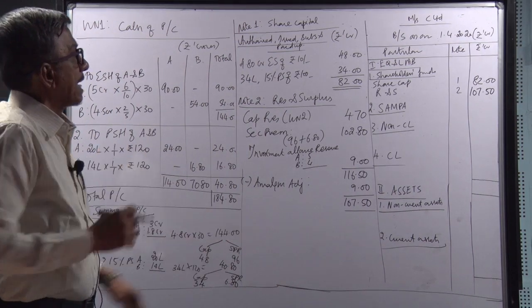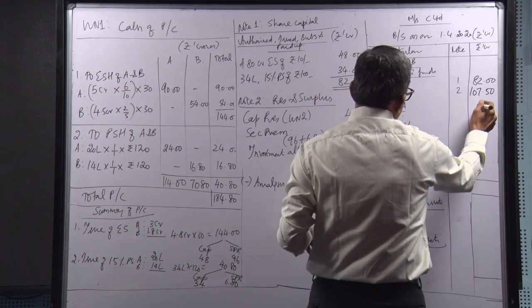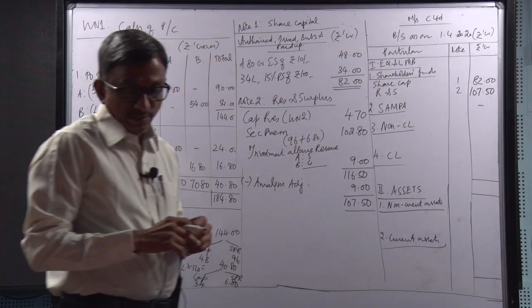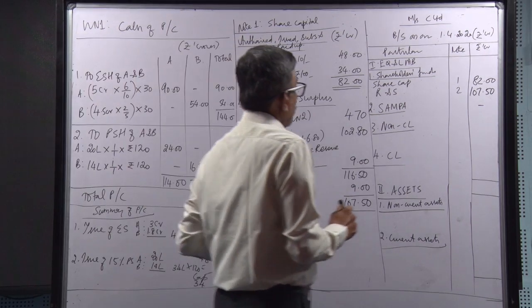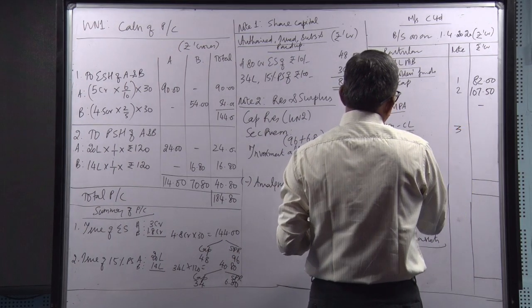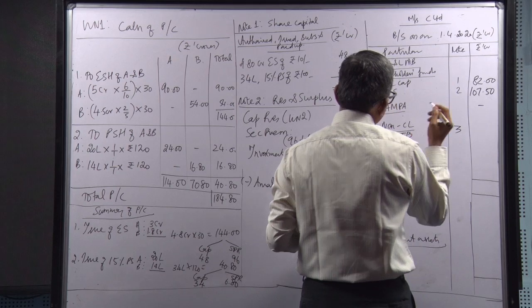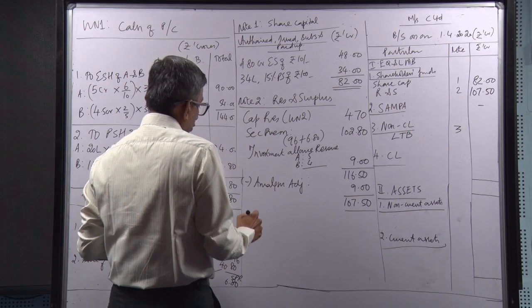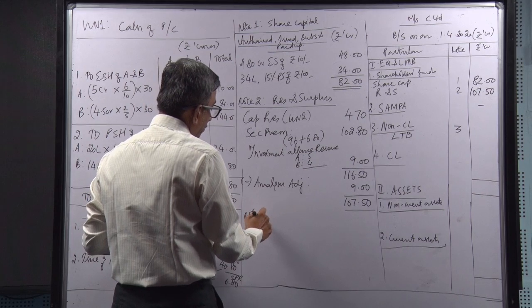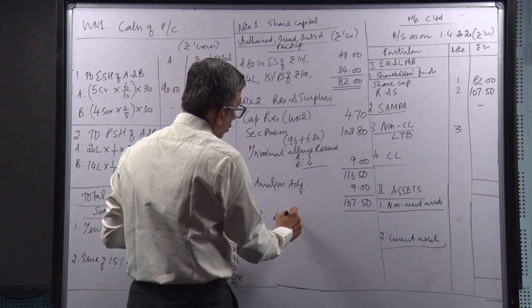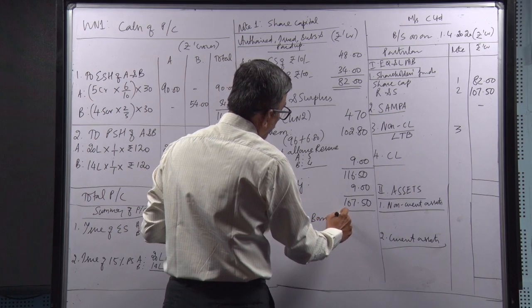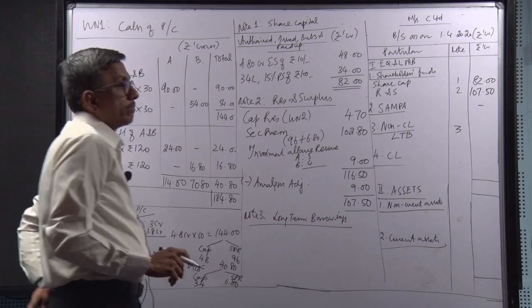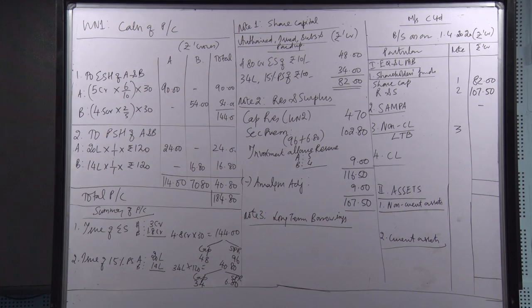Then coming to share application money pending allotment, nothing is there. Non-current liabilities, yes, we have debentures. Better you write note number 3, long-term borrowings. The debenture holders of A and B were issued debentures of C Limited.